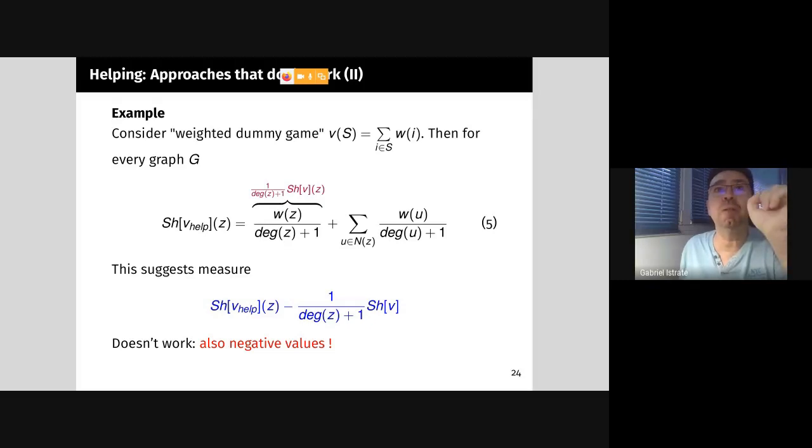The first term involves the actual vertex, and the second term, the sum, involves only their neighbors. So if you want to disentangle the value of the player itself in accomplishing tasks, you should remove the first part. This suggests that the appropriate measure would be the Shapley value of the extended coalition minus the first term. Again, this doesn't work.